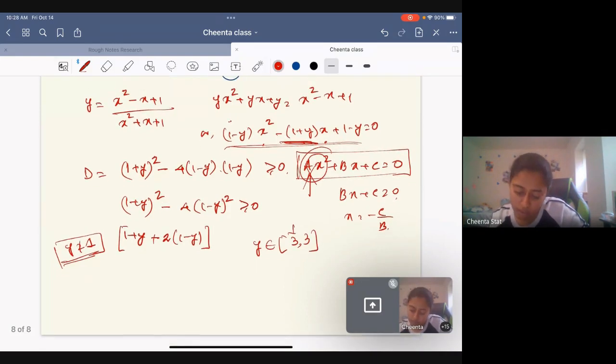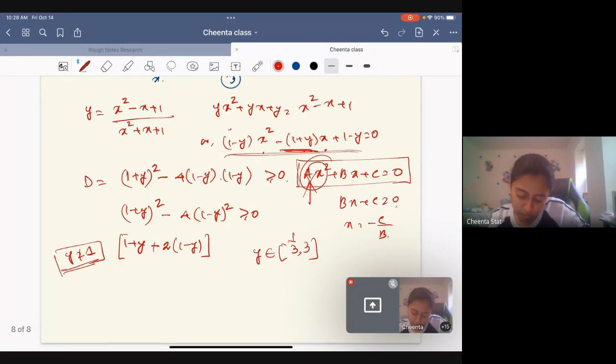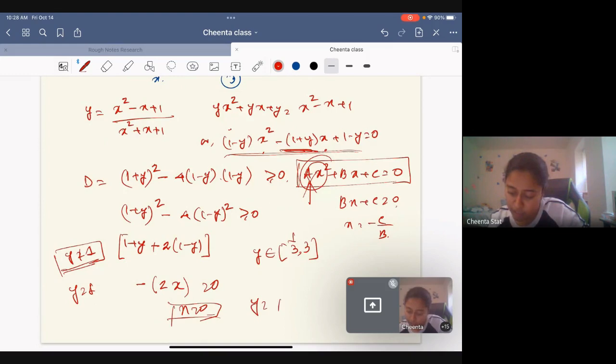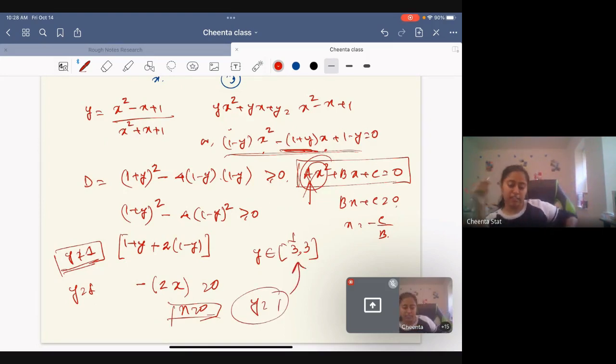And if y equals 1 specifically, then for this example the x square term will be gone, and minus of y equals 1 means 2x equals 0. So x equals 0. So for x equals 0, our y is 1, which lies in between this range. So we don't need to consider anything else.